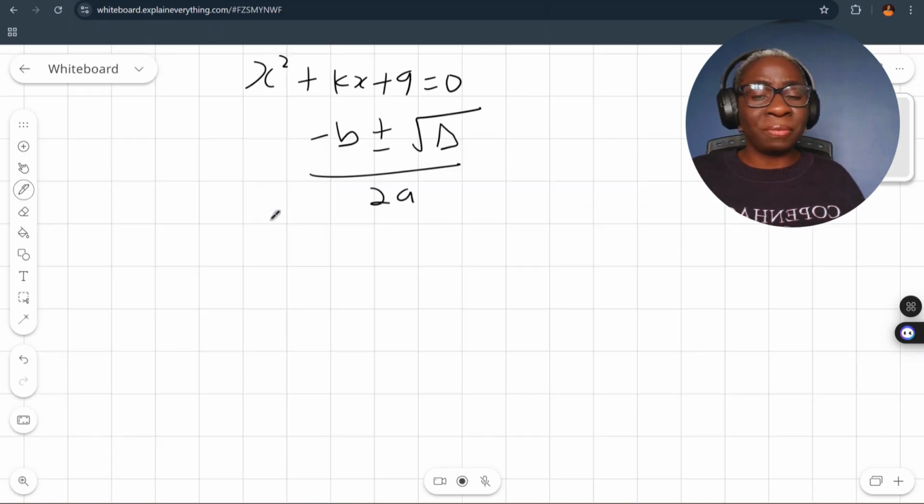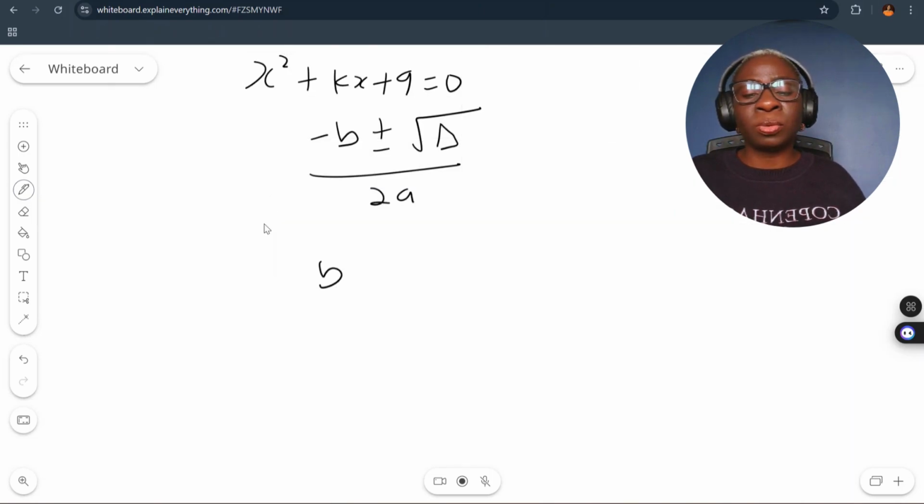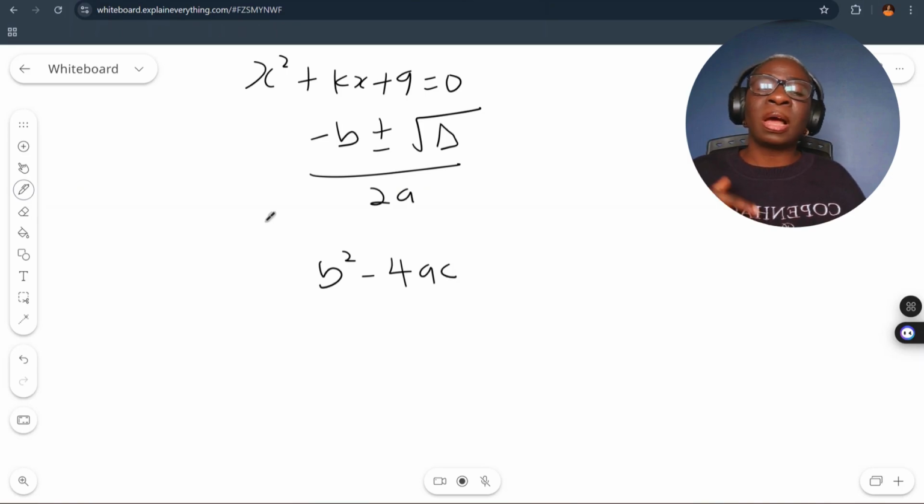And what do we have in the square root? b squared minus 4ac. So for a quadratic equation to have equal roots, this discriminant must be equal to 0. Once we know this, we will be able to find the value of k.